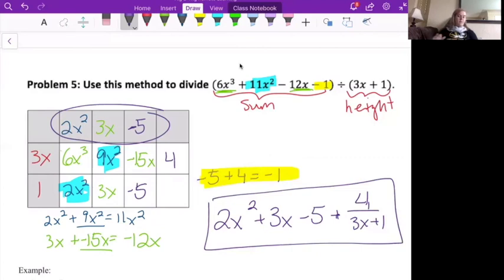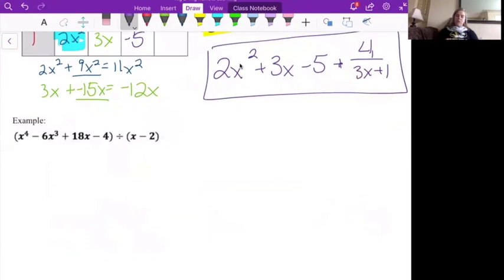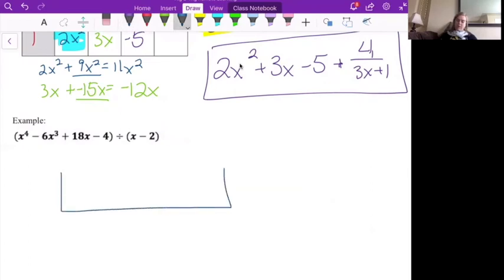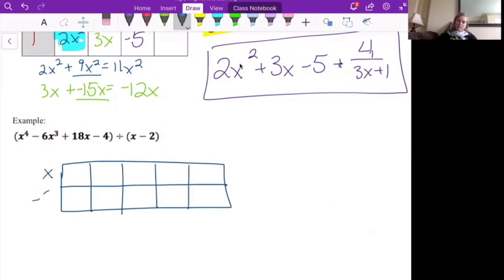Okay, we're going to do one more. So this one we have to the 4th degree. So whenever we make our box, it's going to be 2 by 5. So 1, 2, 3, 4, 5. We put x minus 2. And so then we take our highest degree. And so this is going to be x to the 4th. And then x cubed times x would give us x to the 4th.